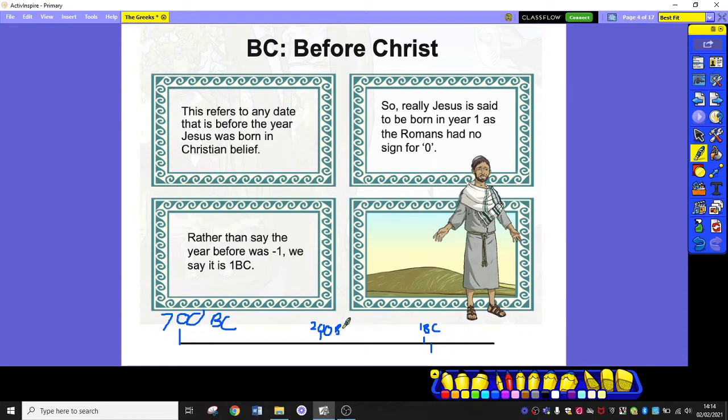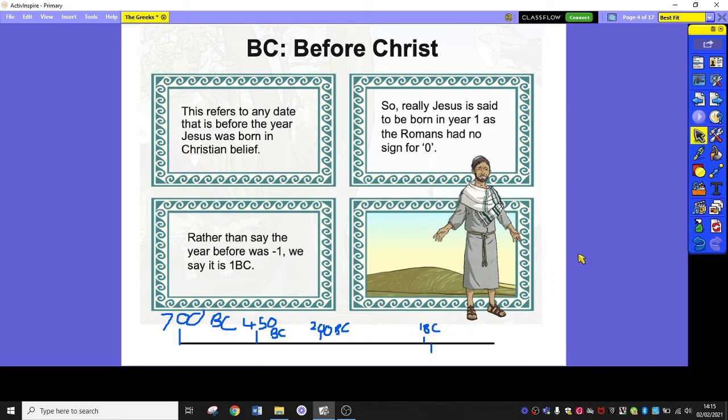And then if I were to plot one in the middle, I might be looking at 450 BC. So you can see, in terms of the timeline, the bigger the number, when it's followed by BC, the further in the past it was. So 1 BC is more recent than 700 BC.